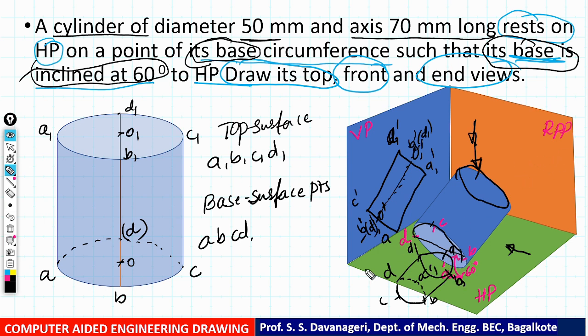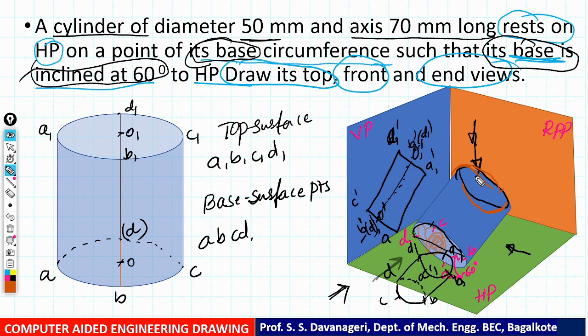Now similarly, if you look from the left side, the projection is going to fall on the right profile plane. For this case, as you look from the left side, the entire base surface is visible here. And as it is inclined at the upper side, you are going to observe this much of the top portion. Again, the top surface half portion is hidden here.